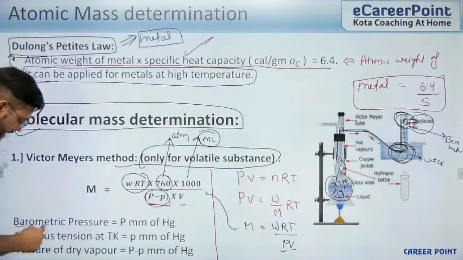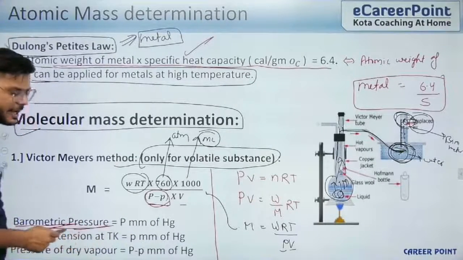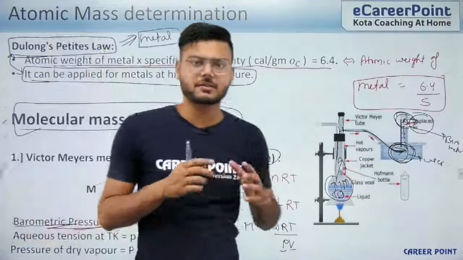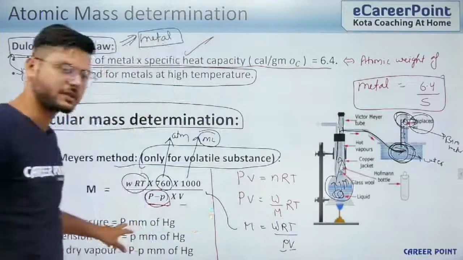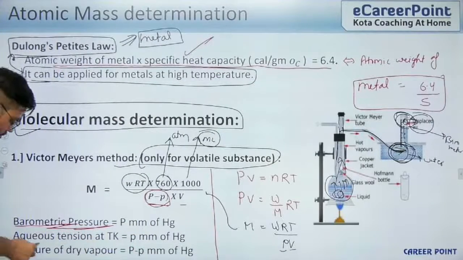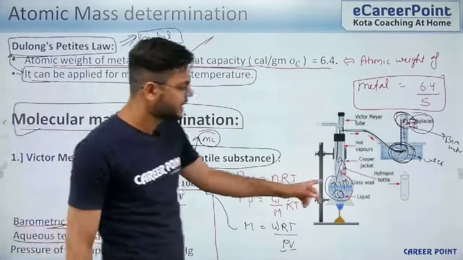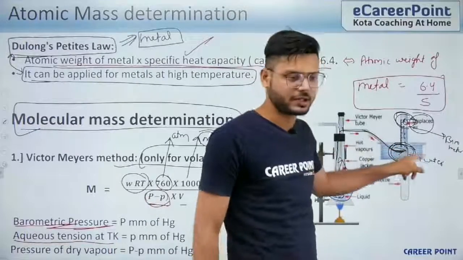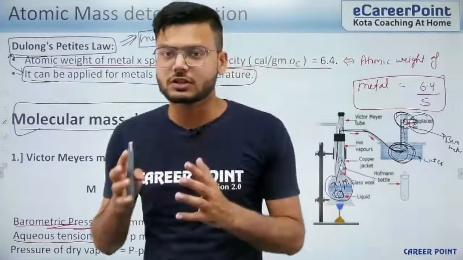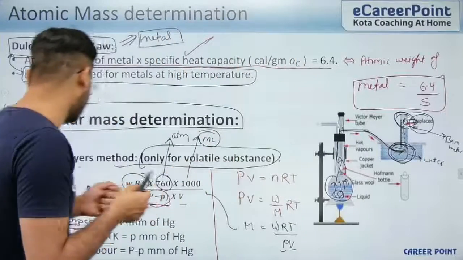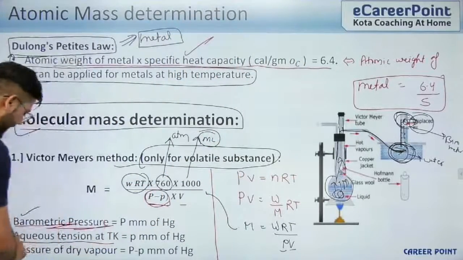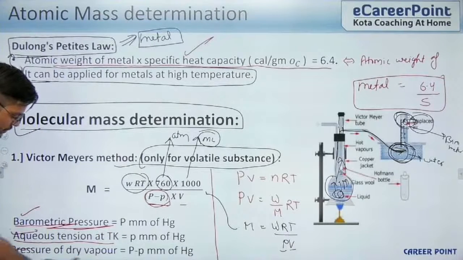The barometer, which is the instrument to measure pressure, will give the pressure capital P. And we have the aqueous tension of the water in it, because this liquid is passing through the water. So the barometric pressure gives the total pressure: the aqueous tension plus the pressure of the dry vapor.